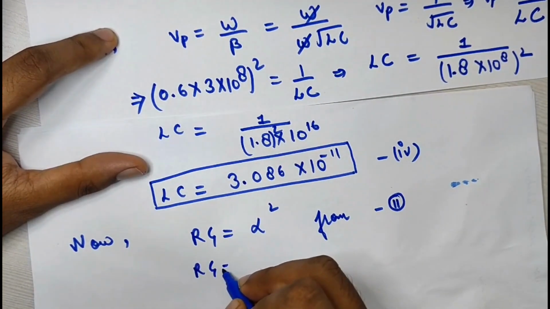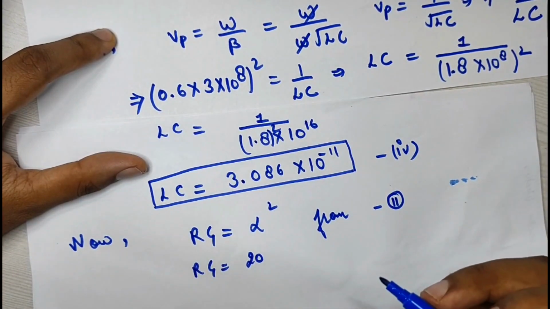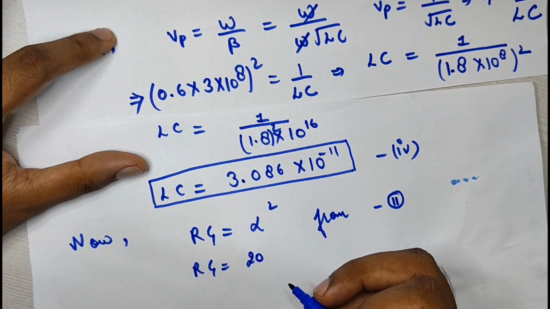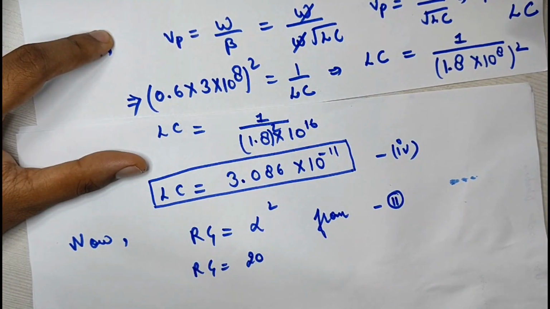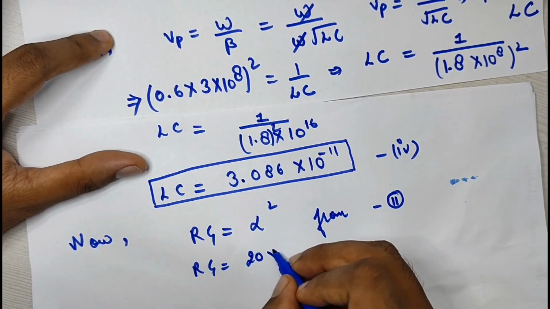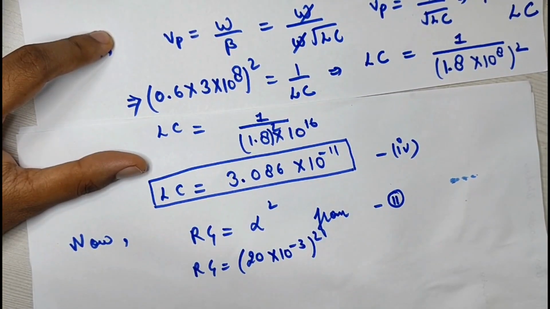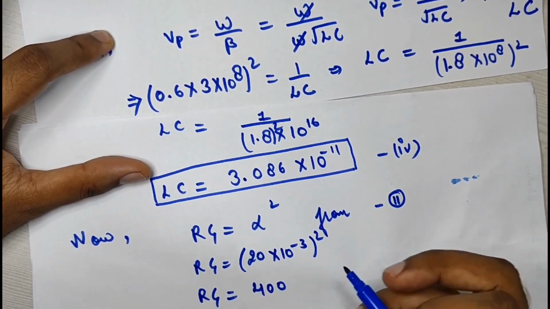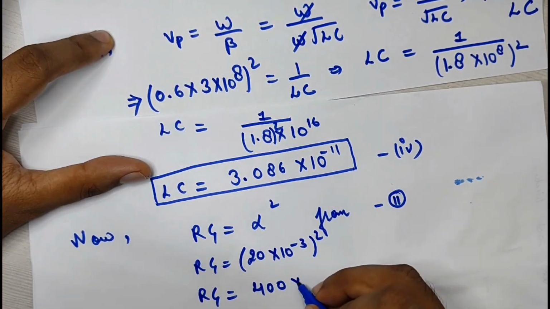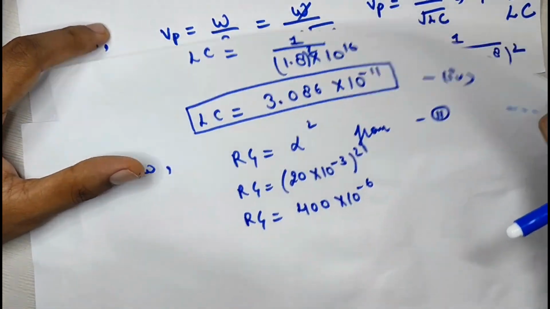RG can be written as the value of alpha, which is 20 into 10 to the power minus 3, the whole square. RG will become 400 into 10 to the power minus 6.